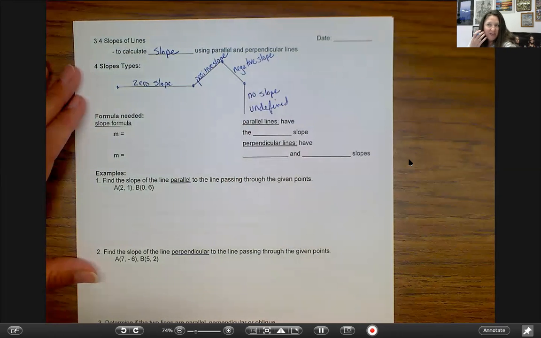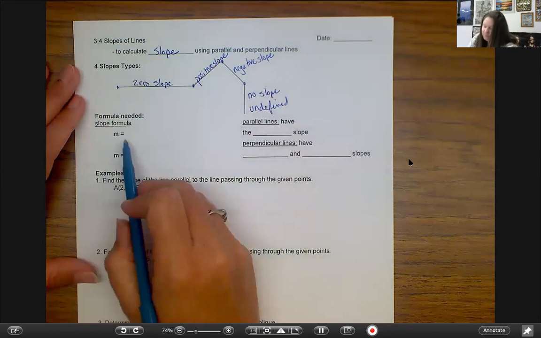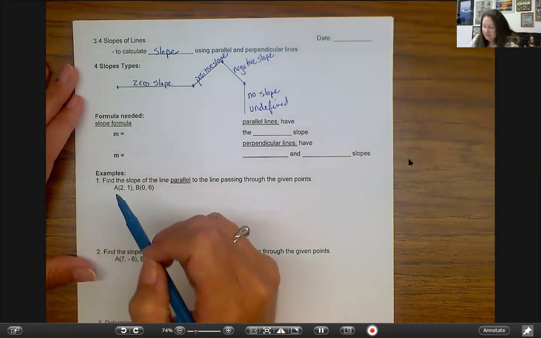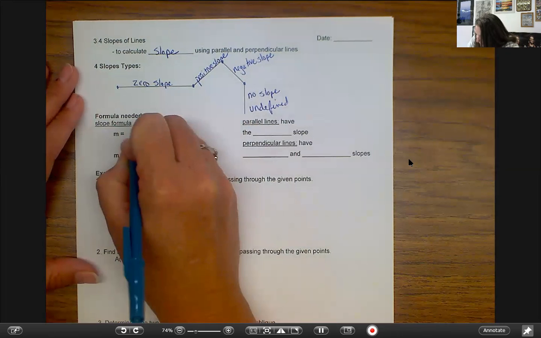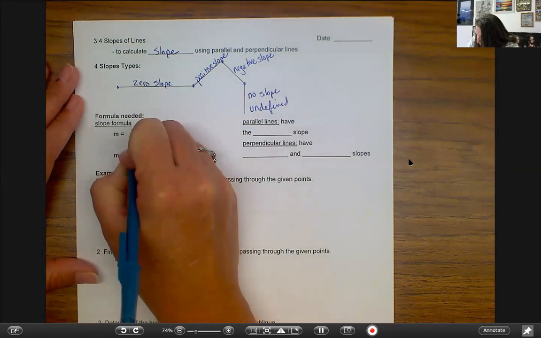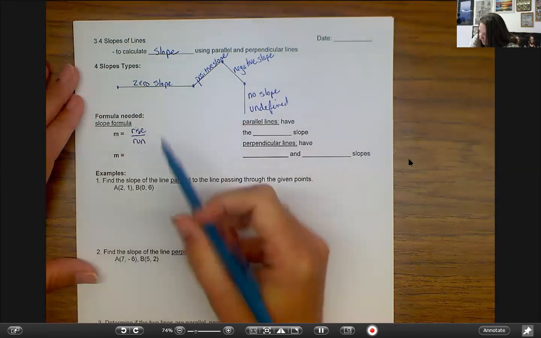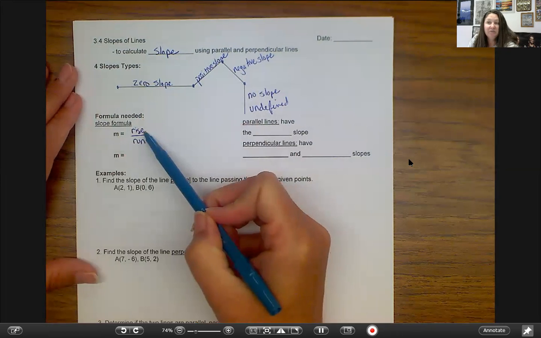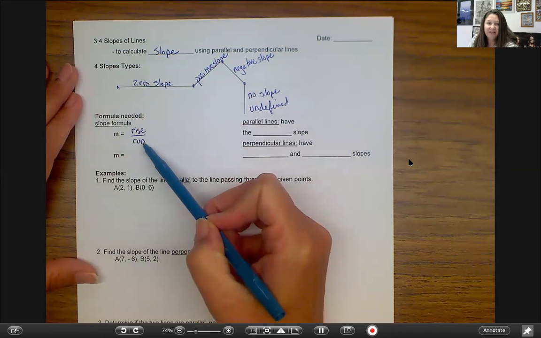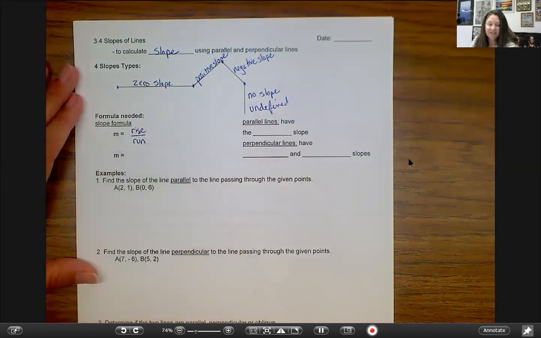Now keep in mind when we analyze slope on the graph, we look at it two different ways. We can say that slope is the rise over run. So how far is the line moving up or down as we move to the right on our graph?